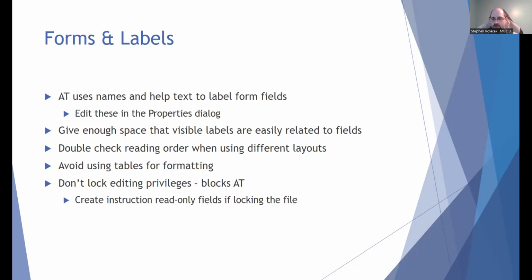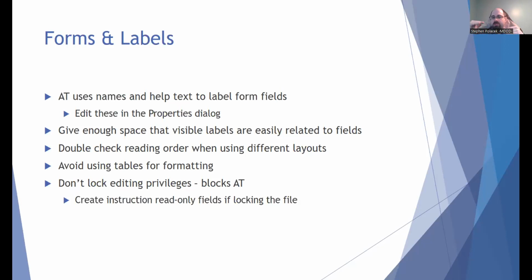If you're changing your layout at all, say if you're using that table, even though I tell you not to, make sure you're double checking the reading order, because a table is much more free flowing, so a user can move around in the cells however they wish. They might not read it in the order you want it to.